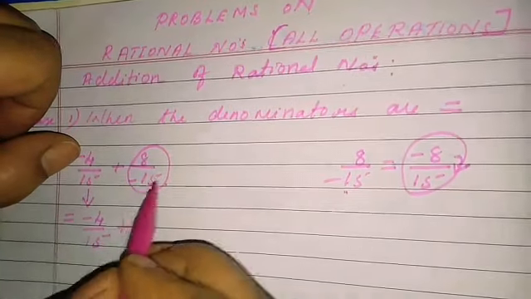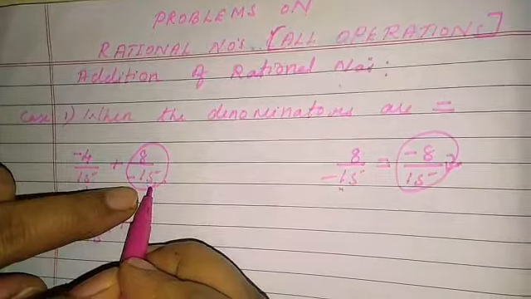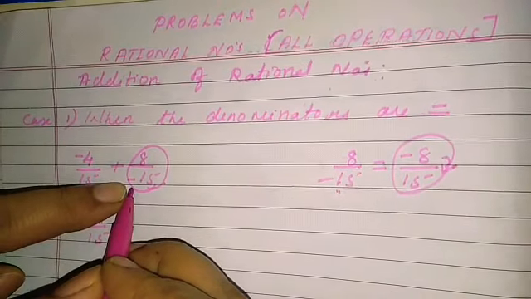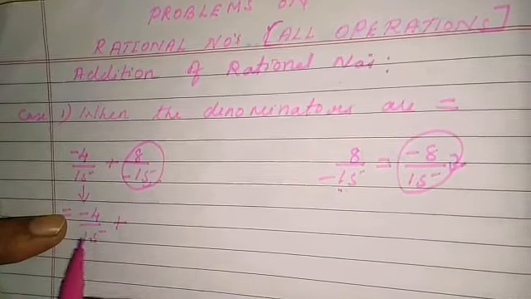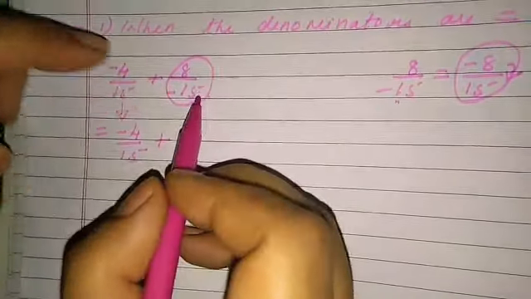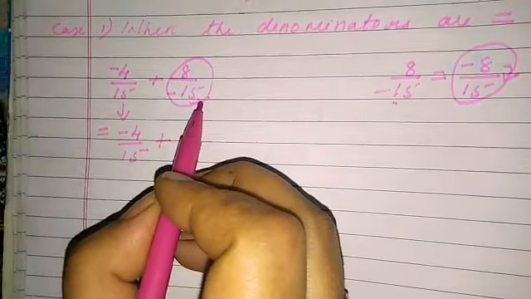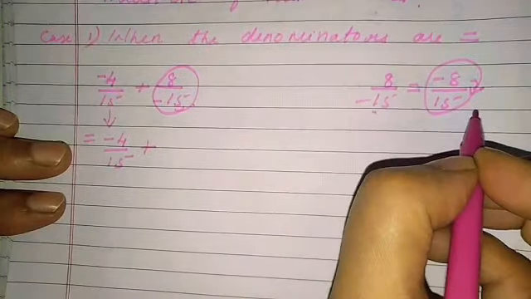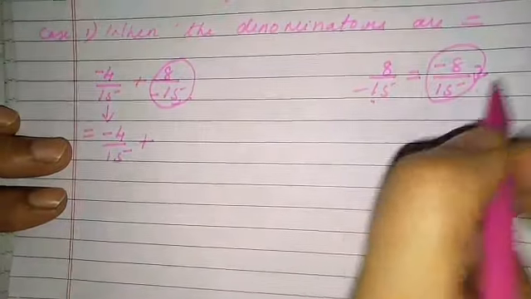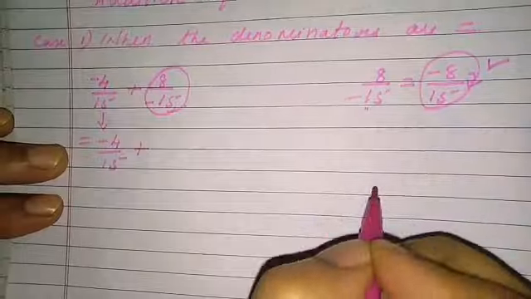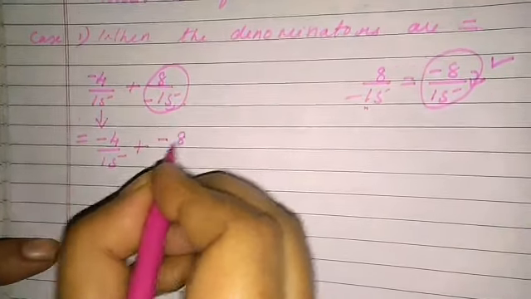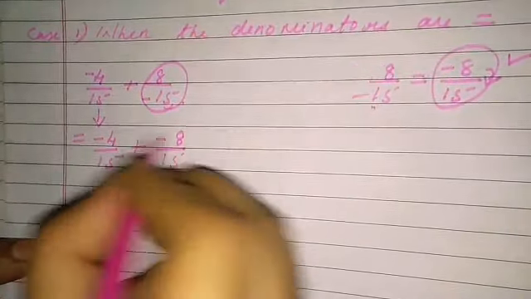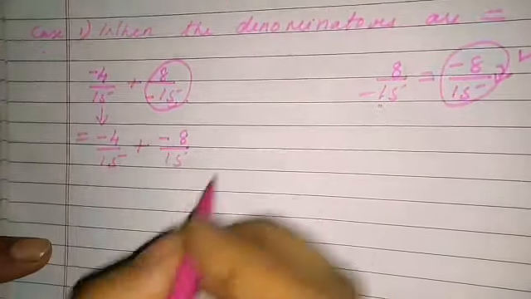And here in the second rational number we have a negative sign in the denominator. So without making any change to the first rational number, we will make the second rational number similar to the first one by changing its form to this, because this is equal to this. So we will take this form now. Okay, so I'm going to write minus 8 by 15. Now this looks very similar. Now this is your second step.